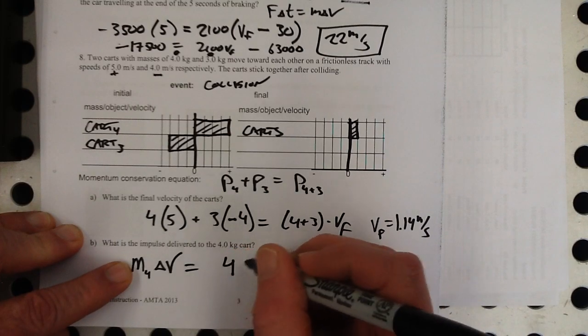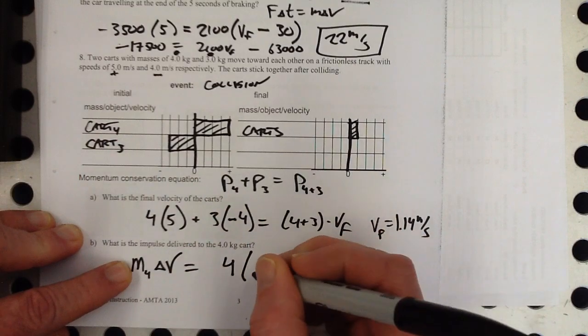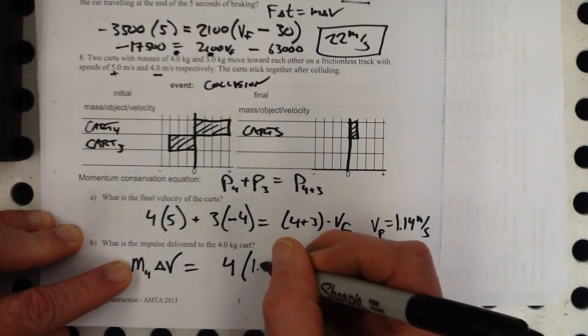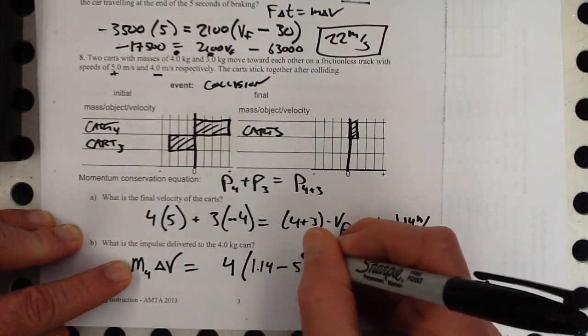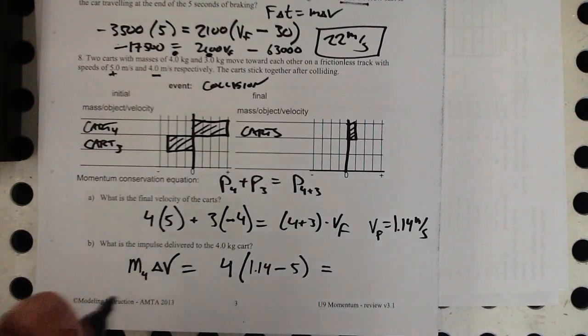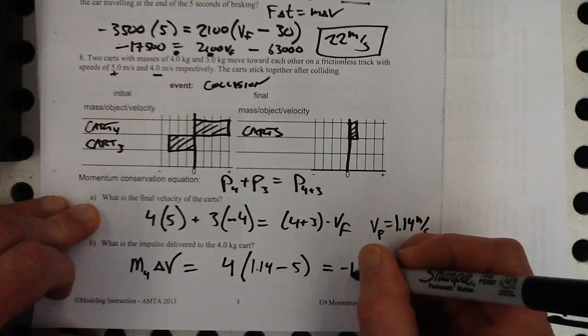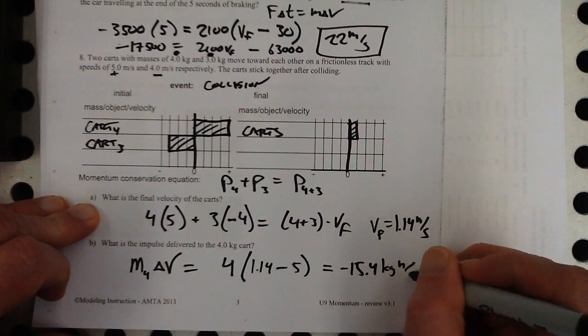Its mass is 4. Its final velocity is this, minus its initial velocity was positive 5. So it's about negative 15.4 kilogram meters per second.